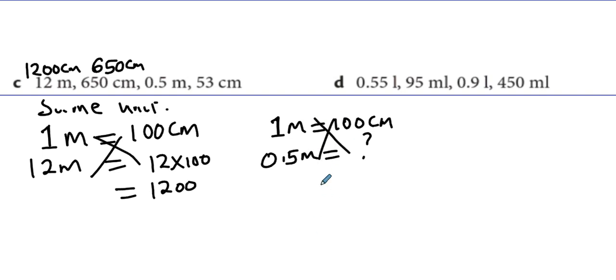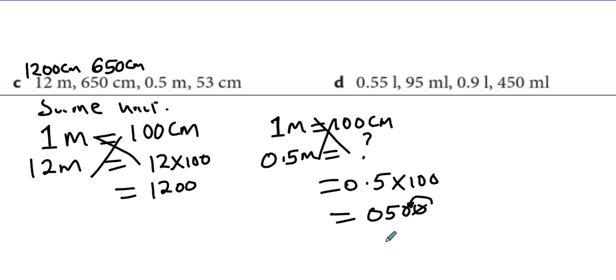So we cross multiply. This will be equal to 0.5 multiplied by 100, and this will be 050.0, and you have one decimal place. Cancel that. This will be equal to 50. So 0.5 meter is the same as 50 centimeters, and 53 centimeters remains the same.